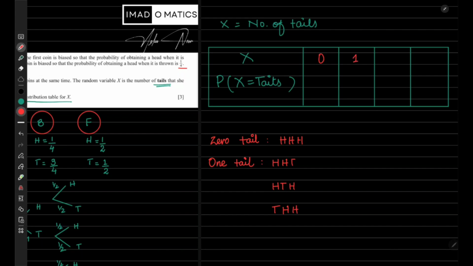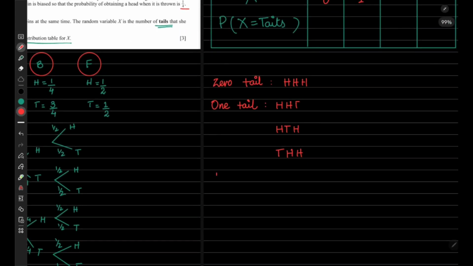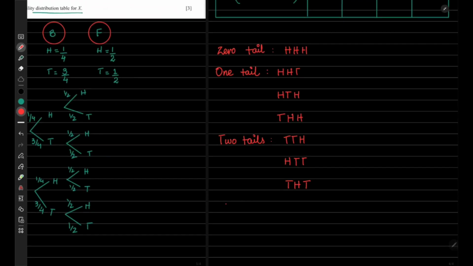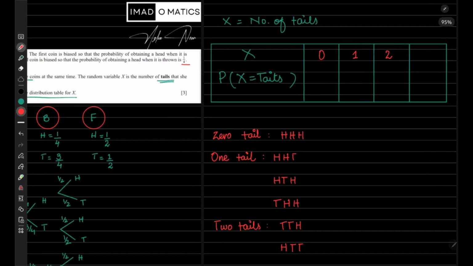Okay, then we can have the possibility of getting 2 tails. 2 tails can have tail, tail, head; head, tail, tail; and tail, head, tail. These are the 3 possible outcomes in case of 2 tails. And lastly, we can have 3 tails, and that is tail, tail, tail.